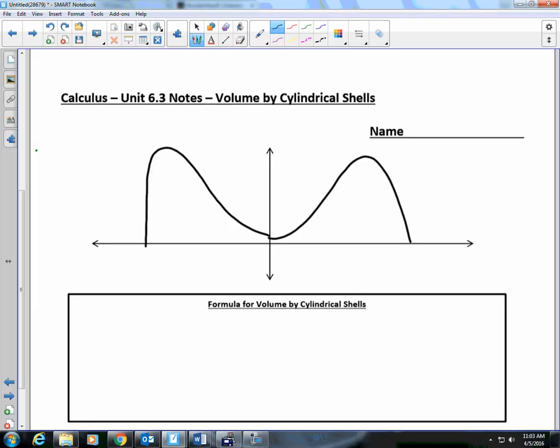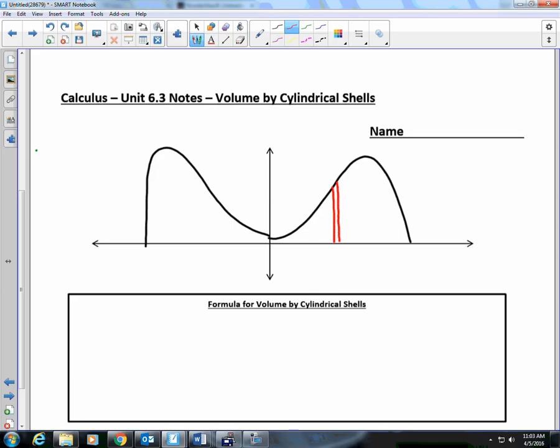Now you can draw this. Instead of drawing a horizontal rectangle, I will draw a vertical rectangle.